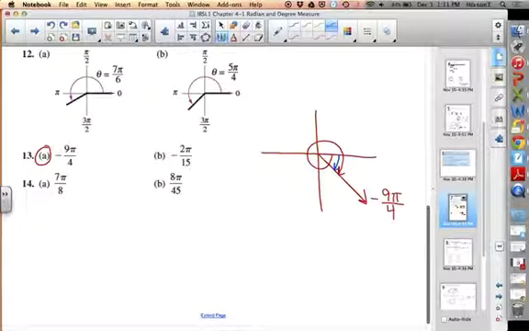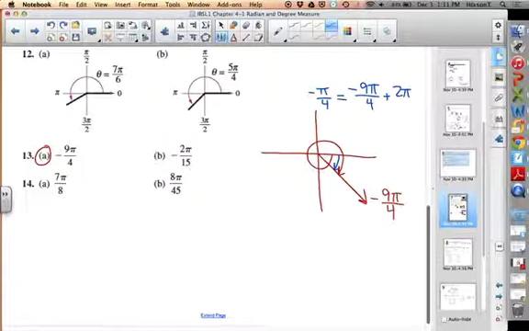Negative 9 pi over 4 plus 2 pi is still going to be a negative pi over 4. So that actually gave me my negative coterminal angle. Now if I add another 2 pi, I'll finally be in the positives.